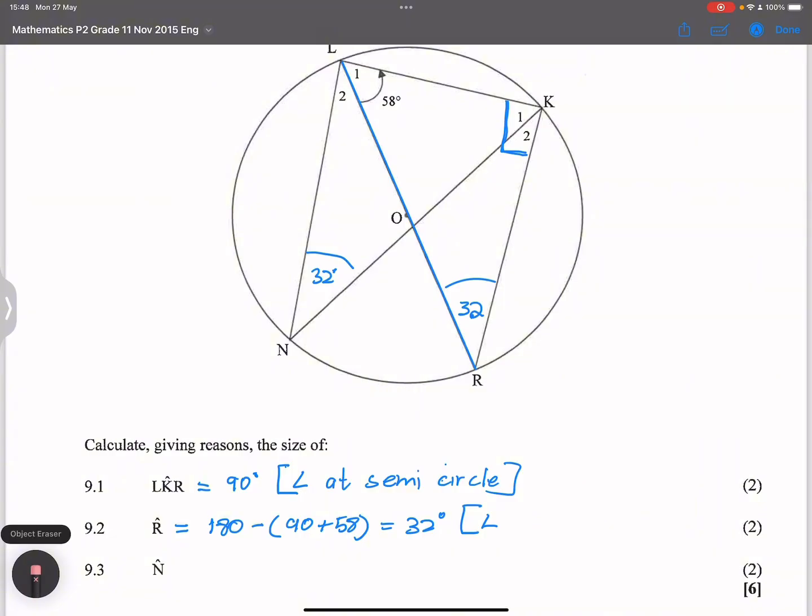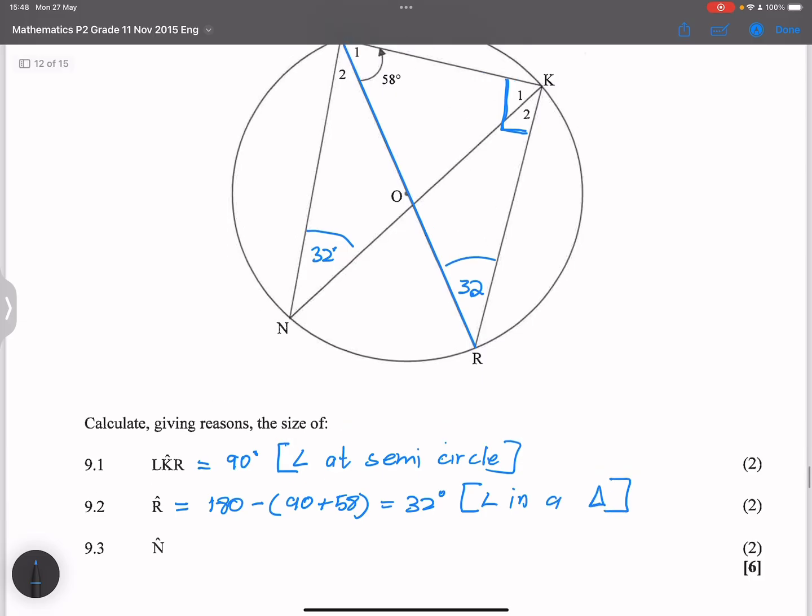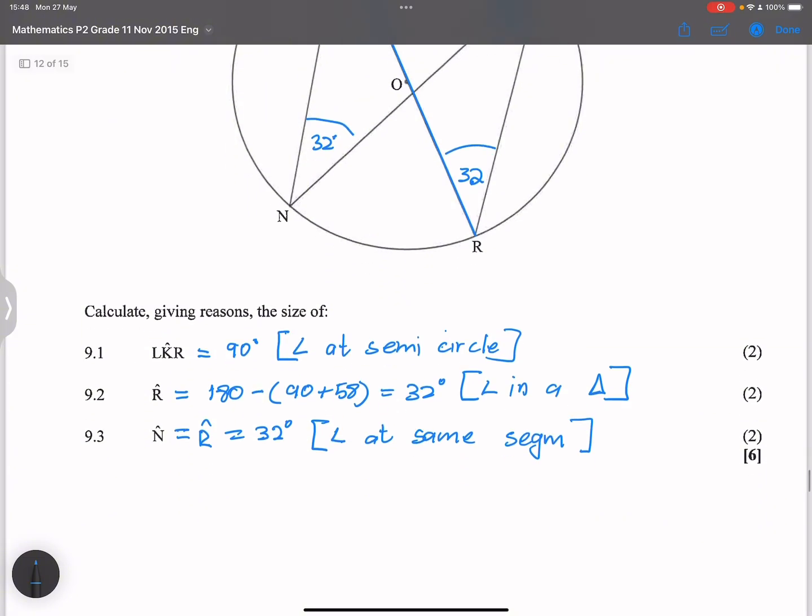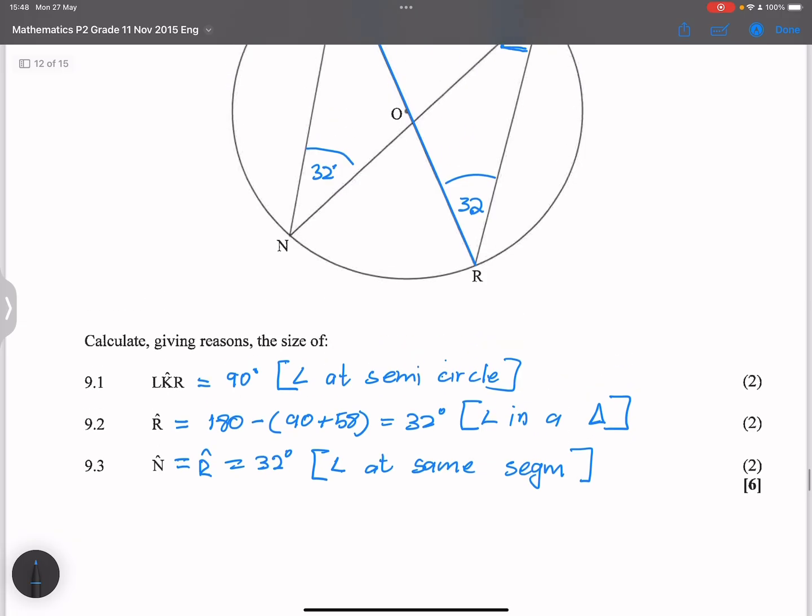So angles in a triangle. And then what about angle N? We know that angle N is equal to angle R, which is also equal to 32 degrees. And we say that these are angles at same segment. All right, and that's how we're going to answer question 9. All right, as we go on to question 10.